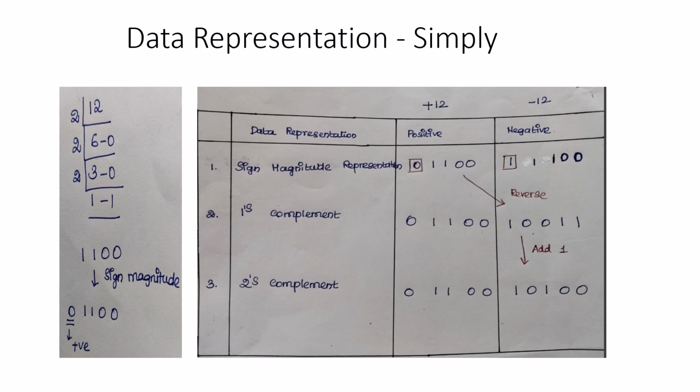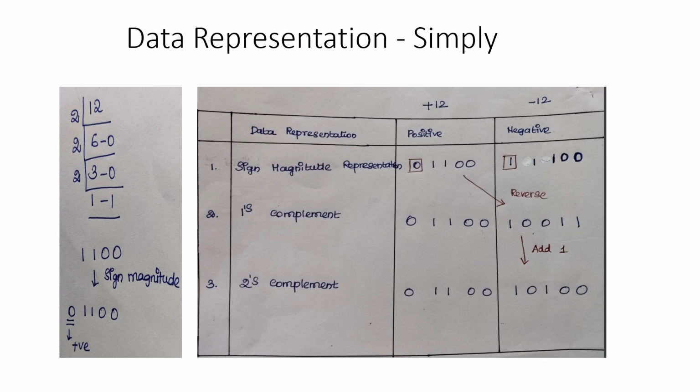Flip means reversing the bits: if it is 0 we write 1, and if it is 1 we write 0. So this is the 1's complement representation. We take the digit along with that sign and flip the bits.